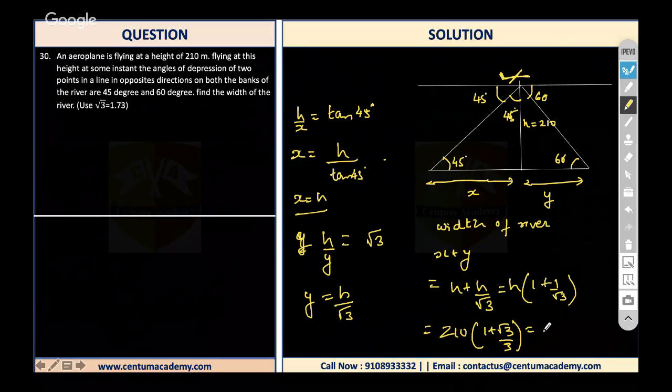Which is nothing but 210 into 1 plus the value is given 1.73 by 3. So I'm writing now here, 210, 1 plus 0.64. I think so. No, it's not 0.654.